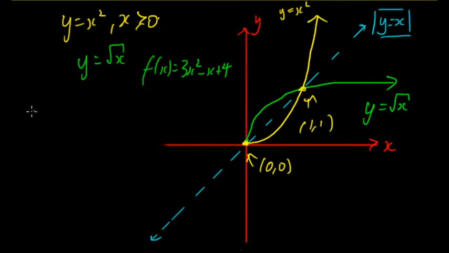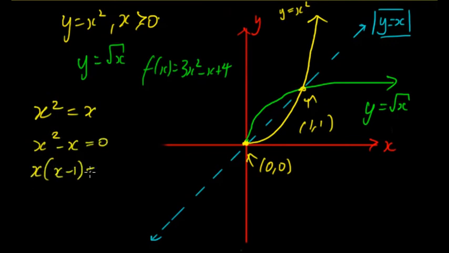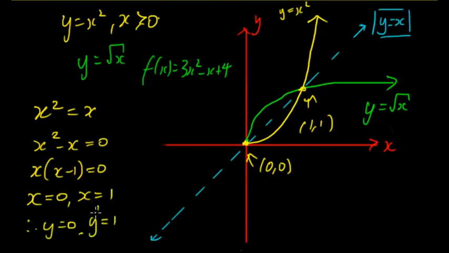So you could just say here that x squared minus x is equal to 0, x times (x minus 1) is equal to 0. You can see the numbers here a bit easier. So x is equal to 0, x is equal to 1, therefore y is equal to 0, and y is equal to 1 at these corresponding points.